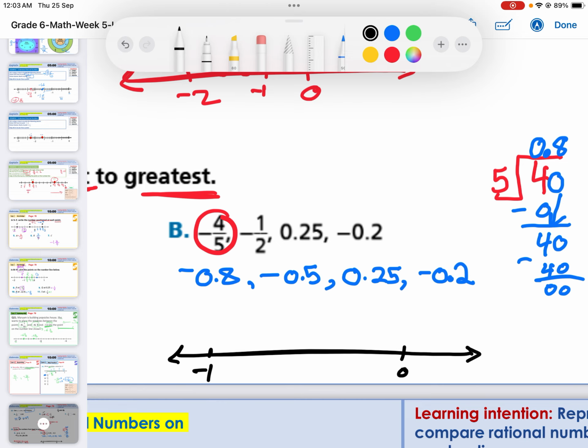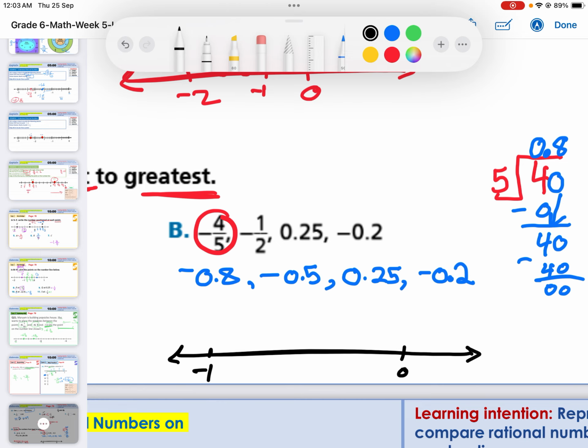Negative 0.2, tenths. 25 is going to be a little bit closer to it. So let's call this number 1, 2, 3, and 4. So 1 is going to be here. 2 is going to be here. Negative half, that's easy. It's going to be in the middle. Negative 0.8 is going to be here, close to negative 1. So as you can tell, which one will be the least one?